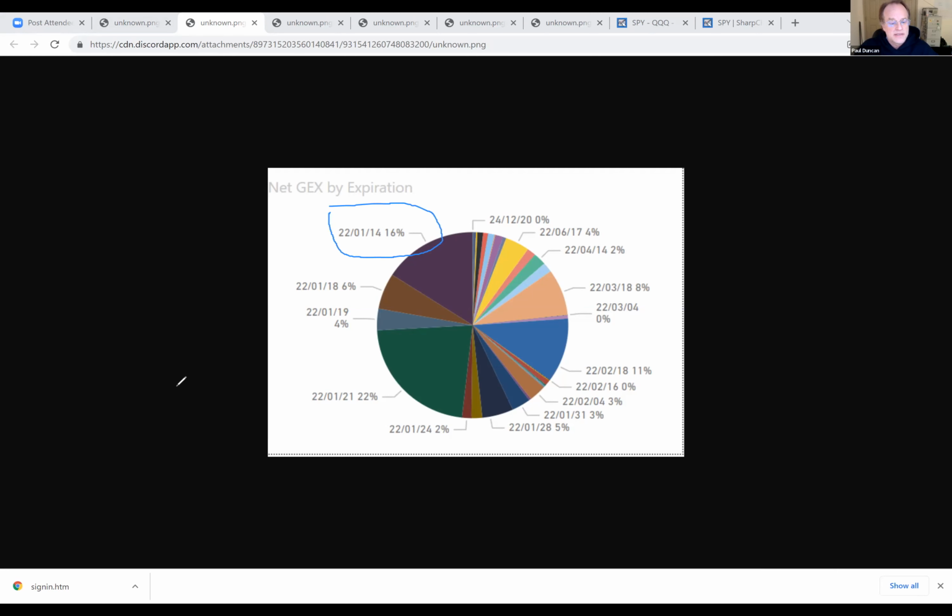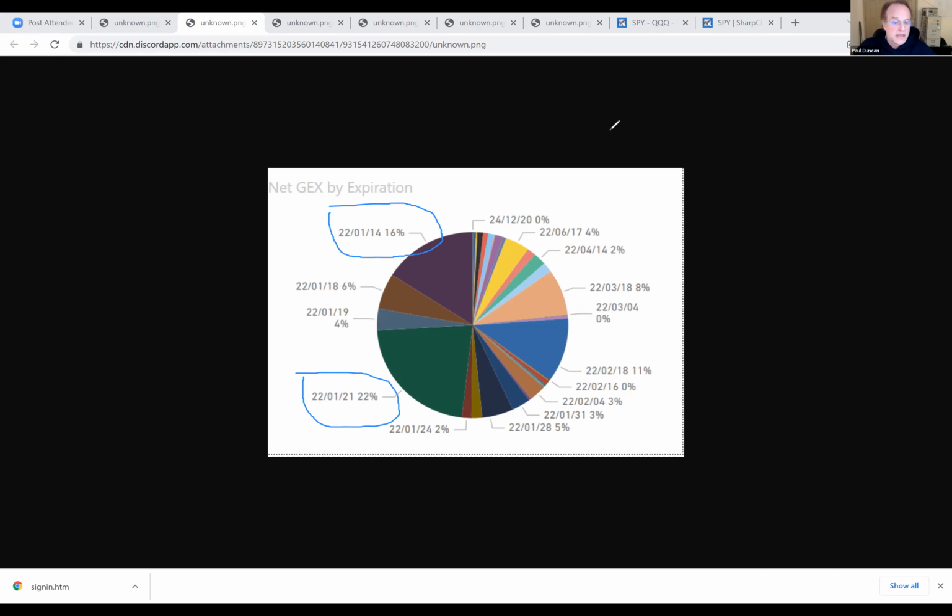Down there, next Friday, the 21st, we also have 22%. So these two expirations, the monthly on the 21st and the weekly on the 14th, together are 38% of the SPX or SPY complex, which is a fairly significant amount, which means we could see some volatility plus or minus in the overall market.